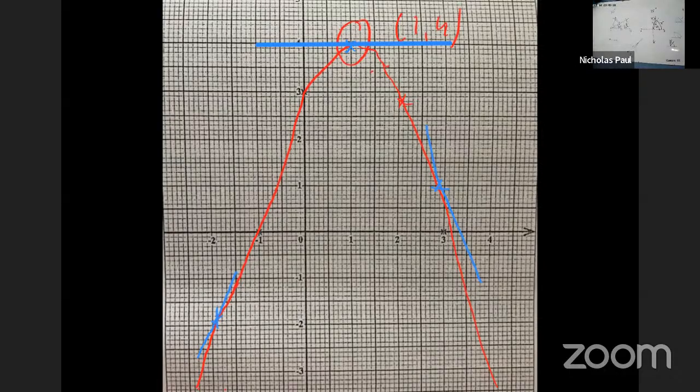Once I find it, when it's a tangent, you take any two points to find the gradient. Finding gradient. Any two points, I'm trying to find the gradient.